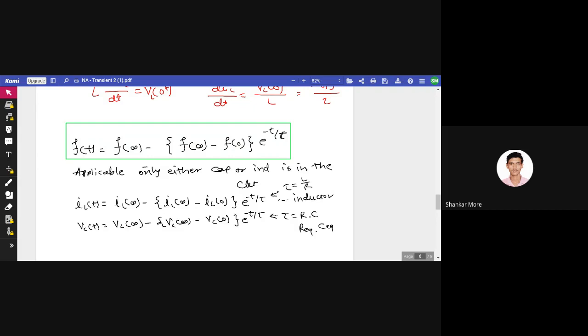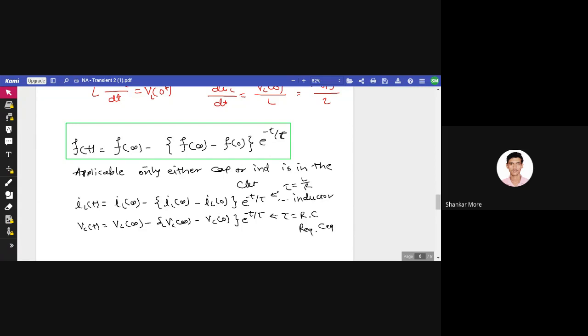There might be cases where you get two or three capacitors and you have to find out the voltage across one of them. मतलब उन तीनों में से किसी एक के across आपको voltage निकालना है. So in that case you will take C equivalent. Okay, मतलब एडिशन, अगर वो सीरीज में है तो how you deal with it, अगर कैपेसिटर्स पैरेलल में हैं, so how you deal with it, you know that, right? So this is the thing.